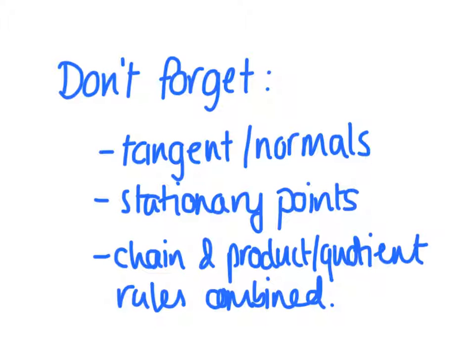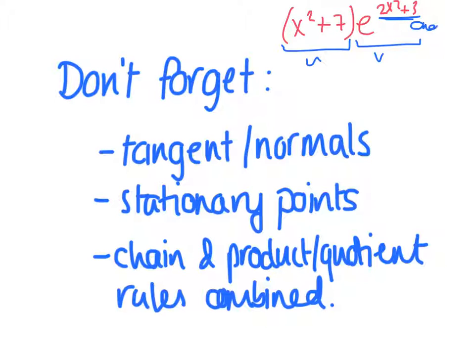They use e and ln in these all the time, so you could have something like, let's just make something up, x squared plus 7 e to the power of 2x squared plus 3. It doesn't really matter, but look, there's a product there, and when we get to the v term, we'd have to also use the chain rule. There's your chain bit.